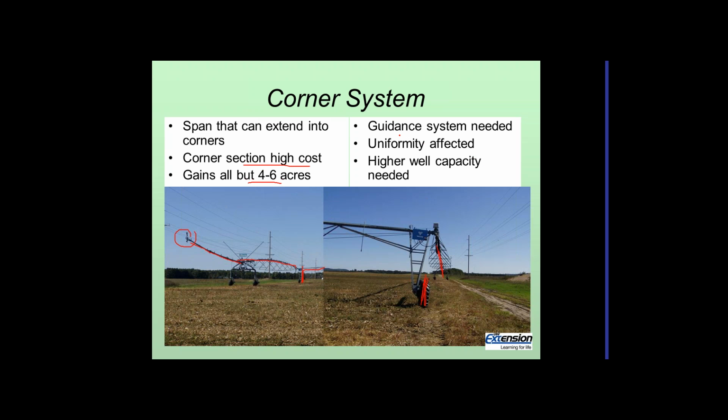They do need a guidance system, and it will affect uniformity, how uniform the water is distributed on the whole system when these turn on and off, depending on the manufacturer. It throws off the uniformity even on the best systems. Whenever you're watering more land, you'll have to have a higher well capacity to cover that ground.